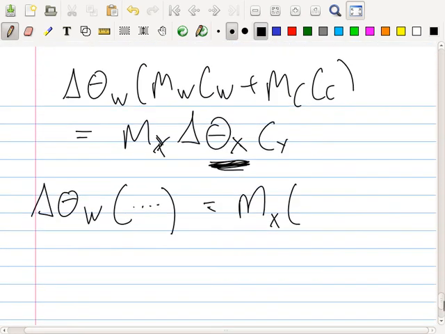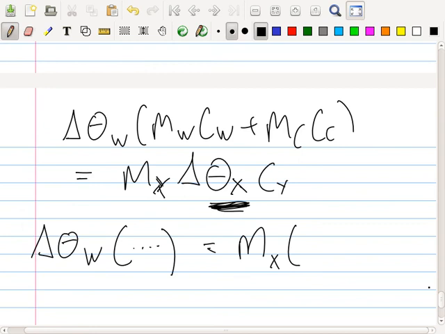Now I have to be very careful with my signs here. One would be negative, one would be positive. I would like to keep the equation on the left positive and the one on the right positive. Since the block gets cooler, I should do it as 100 minus theta 2.